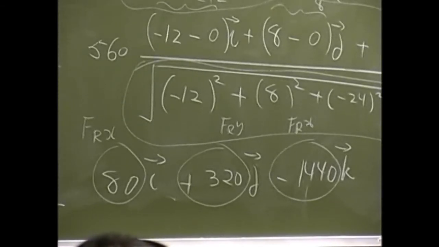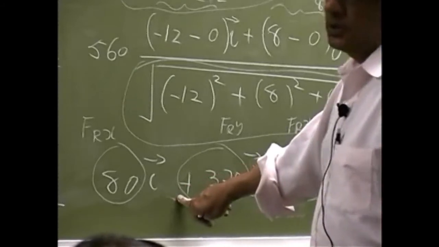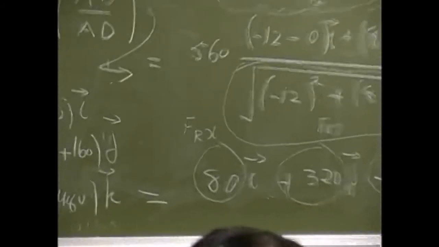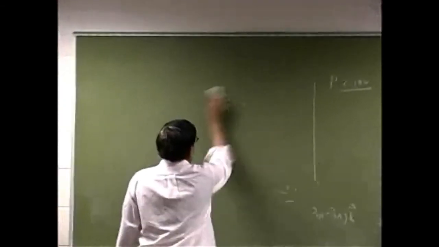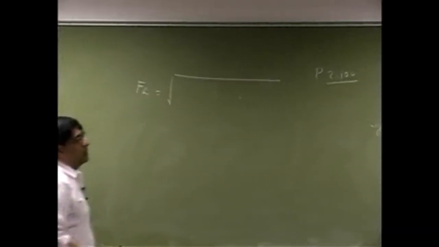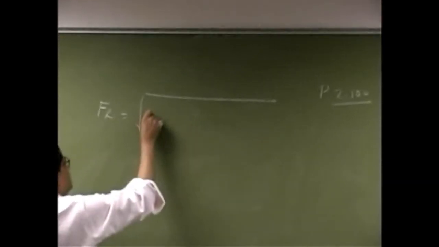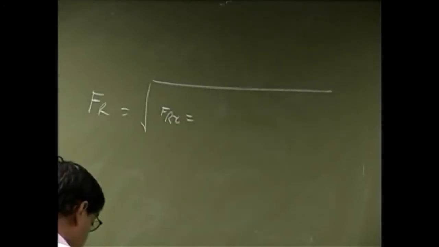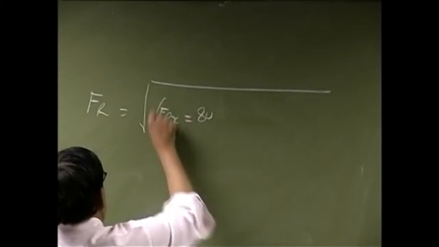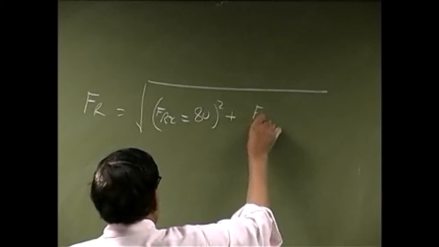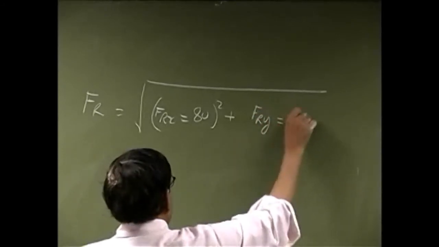And all we are going to do is to find the magnitude for this and the three angles. Now, to do that, it's going to be square root, and you have the x component, which is Frx, and that was 80. Do a square of that. Then we had Fry, and it was 320.